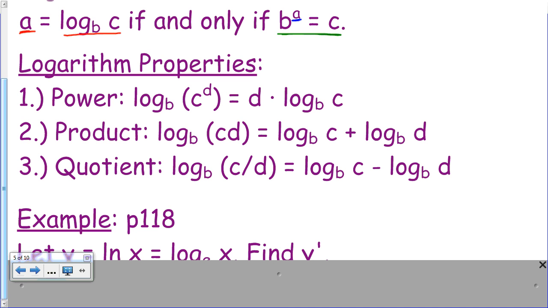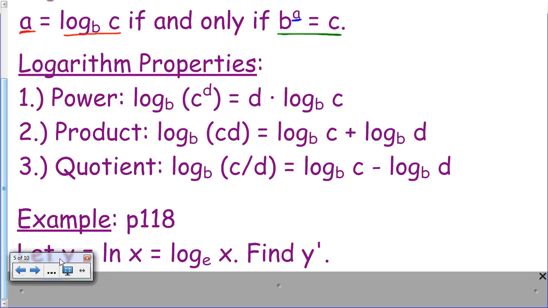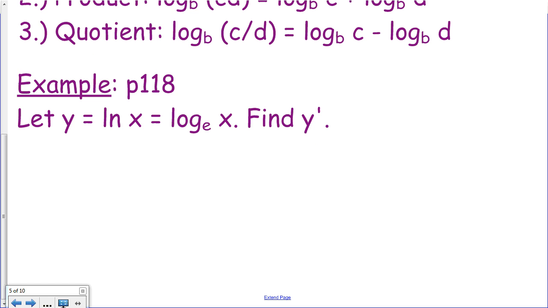All right, so let's take a look at an example here. This is on page 118, and it says let y equal the natural log of x, which, we'll again explore this a little bit further to see why this is the case, but turns out natural log of x is the same as log base e of x.